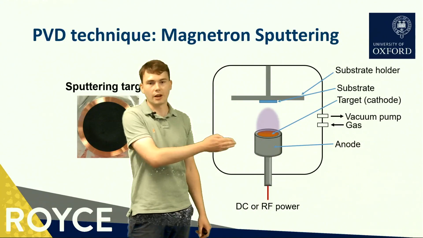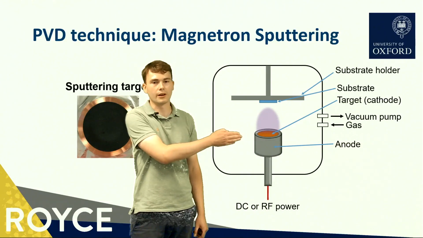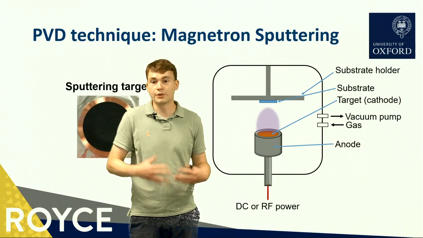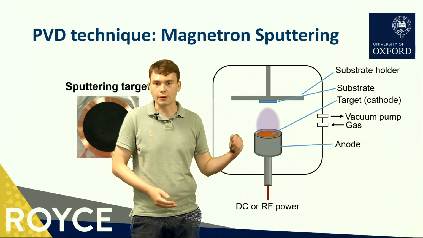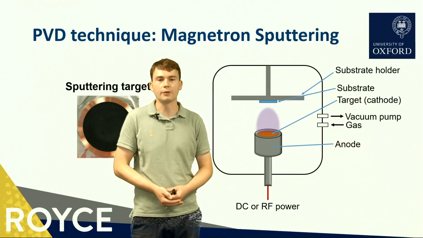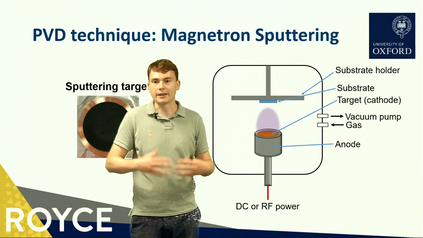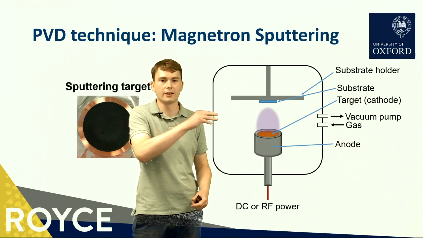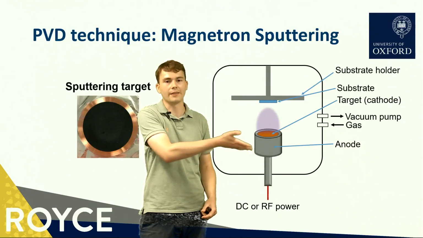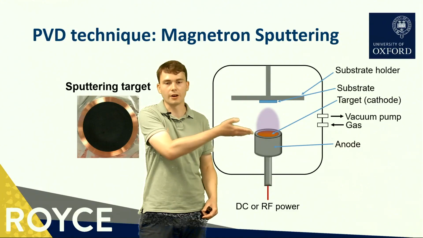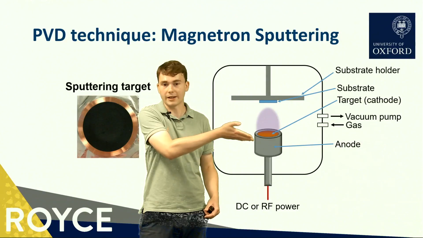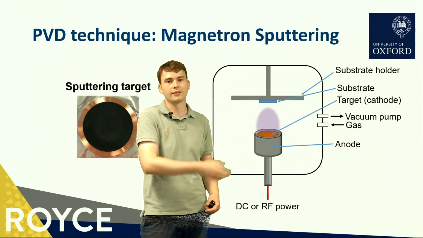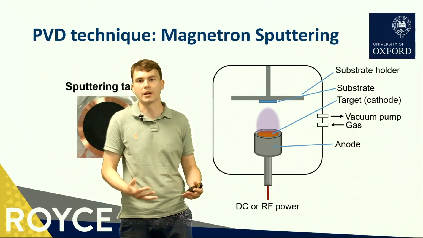That target material goes into a PVD chamber, a vacuum chamber, and to produce a vapor phase, argon or another gas is flowed into the chamber. That gas becomes ionized. The positive gas ions collide with the target, and that causes sputtering of the target material, and the atoms and ions of the target material travel up through the vapor phase and condense on the substrate, building up a thin film.